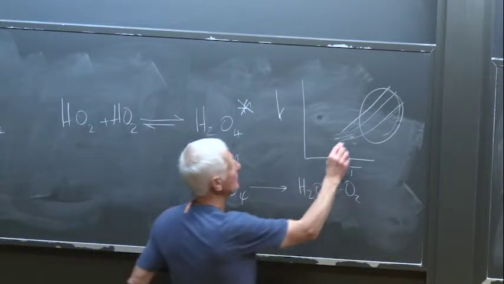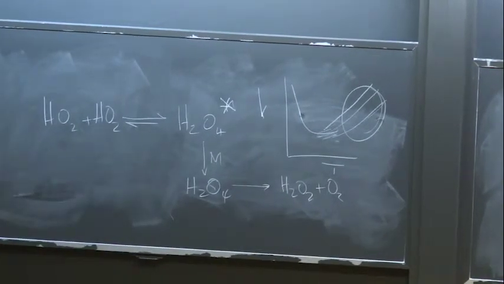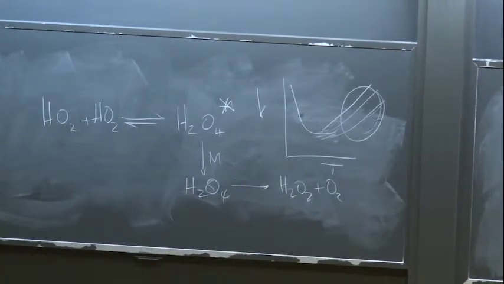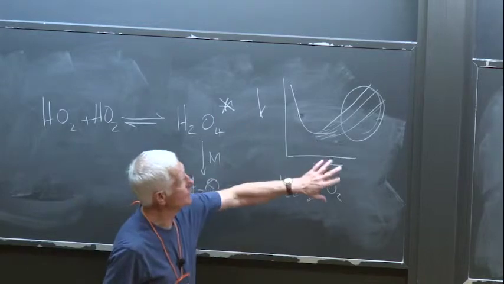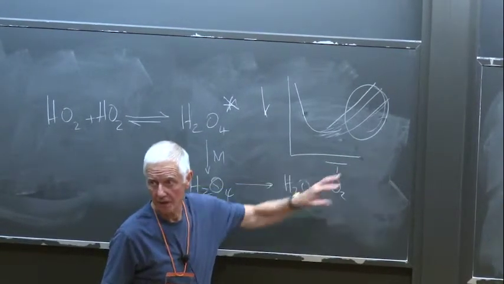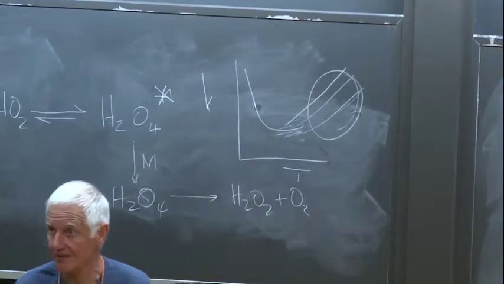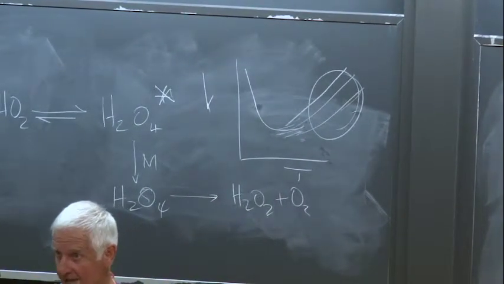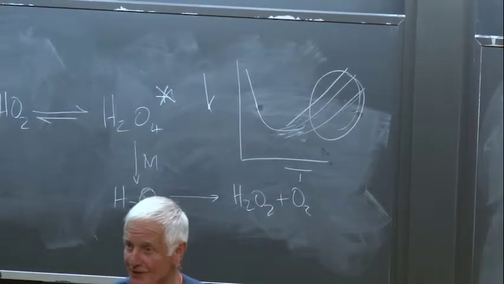And then the other mechanism takes over, the direct abstraction mechanism, and that applies at high temperatures. The barrier is too high to be operative at these lower temperatures, and at these higher temperatures, it's beginning to dominate, and the mechanism essentially changes. Does that answer your question?